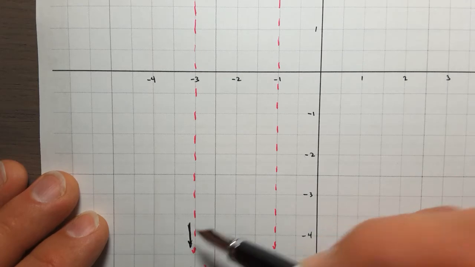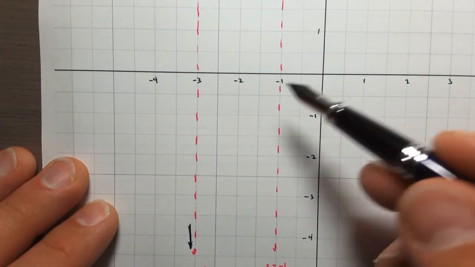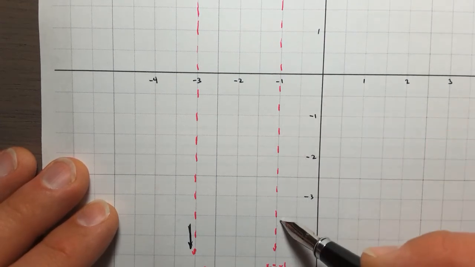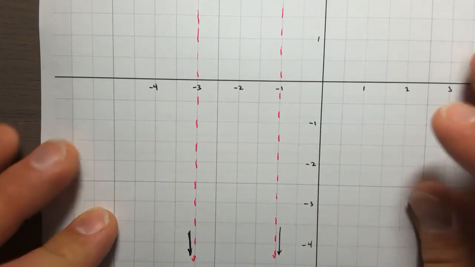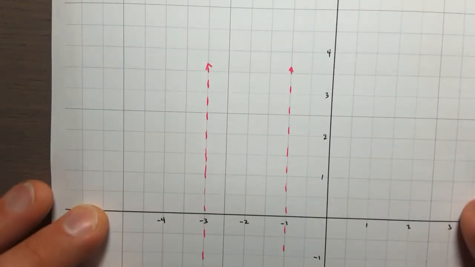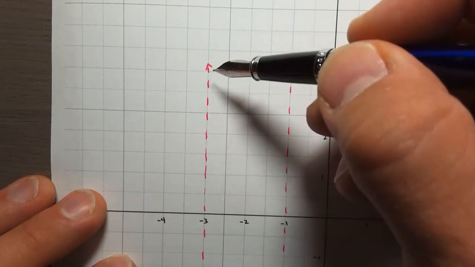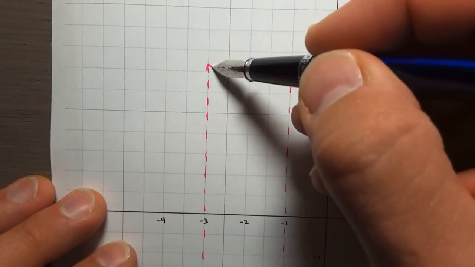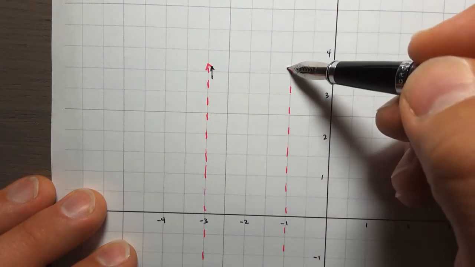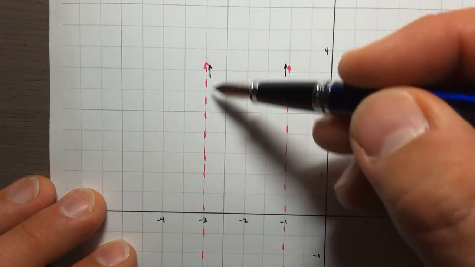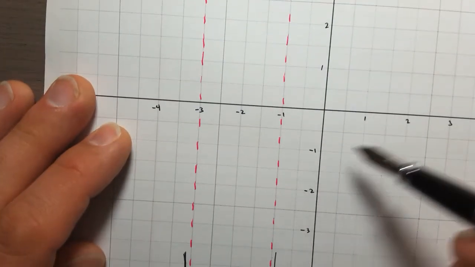The same thing was true as we approached -1 from the right-hand side. We're going to connect this all up in a minute. The other thing we saw was that approaching these from the inside, so -3 from the right goes to positive infinity, and -1 from the left goes to positive infinity. So it's going to curve down in the middle here like this, and on the sides we're going this way.